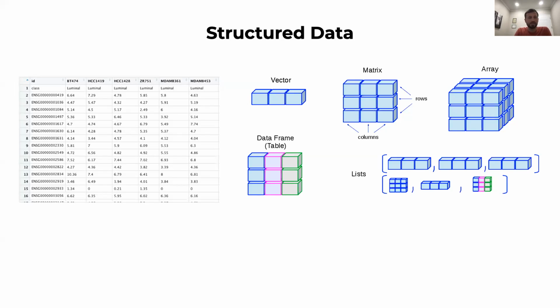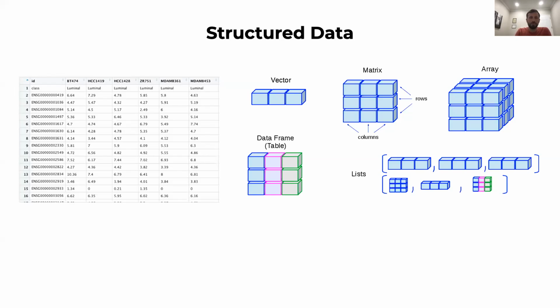A vector is a one-dimensional array that is used to store a collection of data in the same mode. For example, you can have a list of numbers, and that could be a vector. There are numeric vectors, complex vectors, logical vectors, and character vectors or text strings, so different modes for vectors.